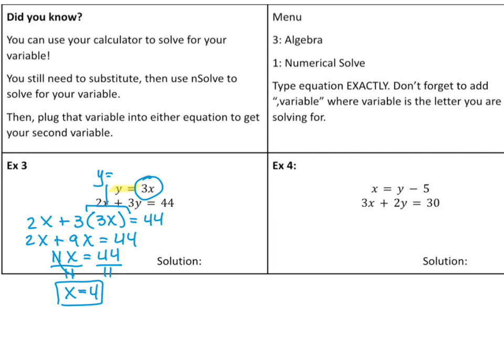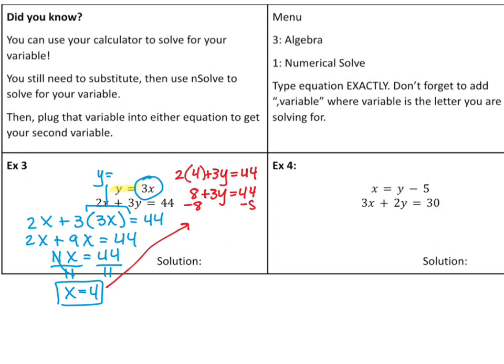And let's go ahead and solve for my y by plugging in that x value. This time, let's just use the more difficult one. Let's use my other equation just to see that it does, in fact, work. So I'm going to do 2, and then instead of x, I'm going to do 4 plus 3y equals 44. 2 times 4 is 8 plus 3y equals 44.